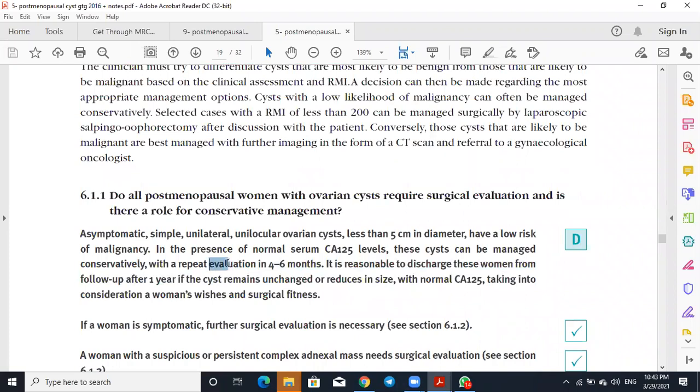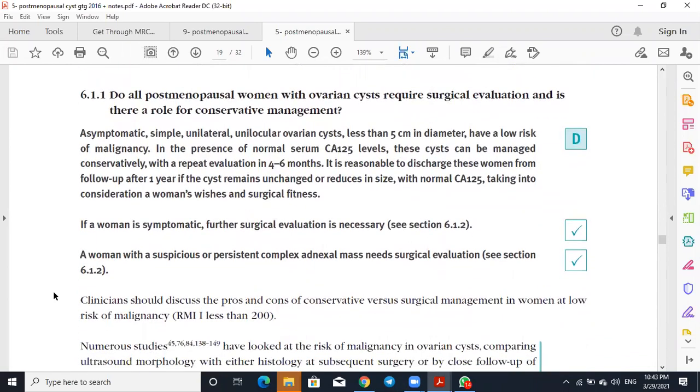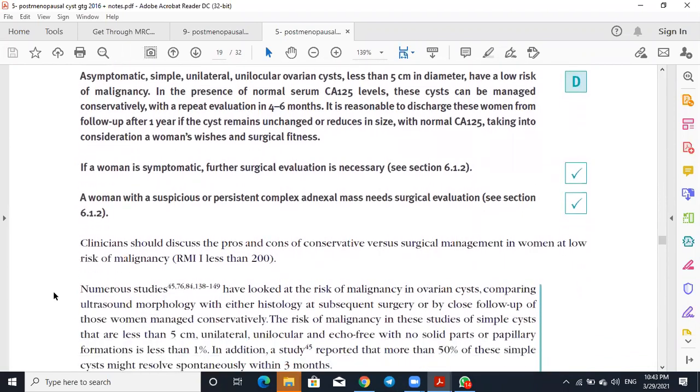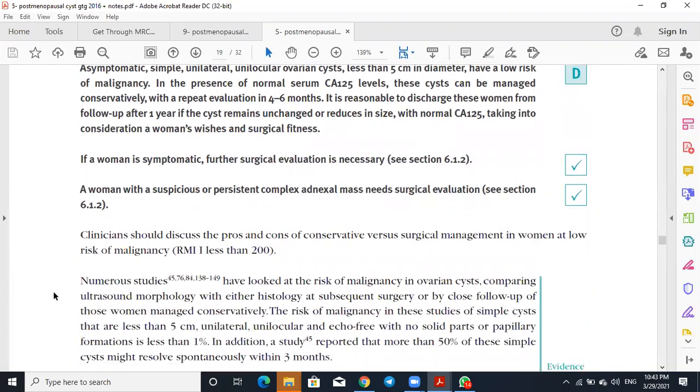It is reasonable to discharge after 1 year if the cyst remains unchanged. So if unchanged, we follow up for 1 year.